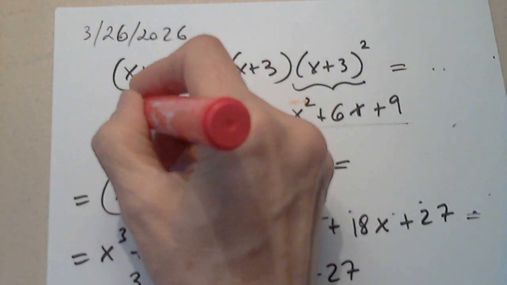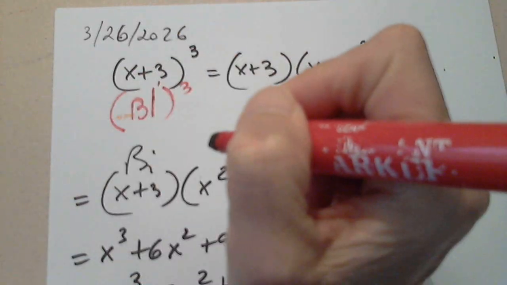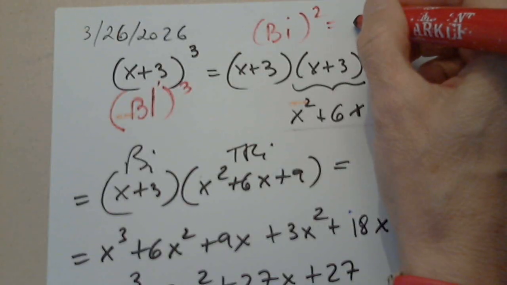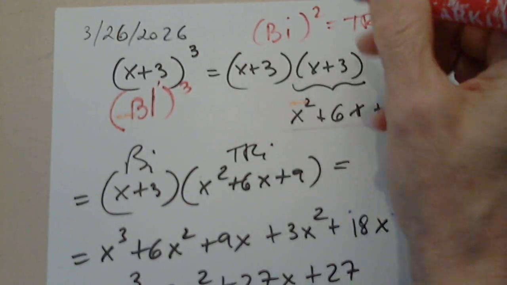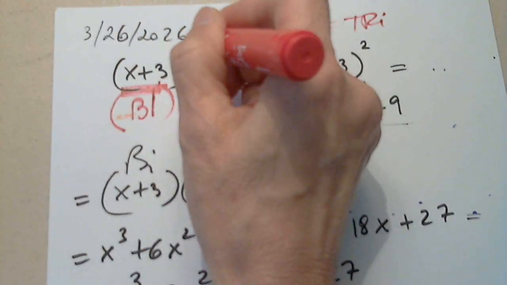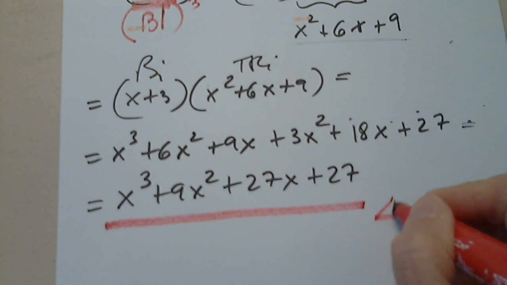See, this is a binomial to the third power. We know that a binomial to the second power is a trinomial, meaning a binomial squared is 3 terms. A binomial cubed is 4 terms.